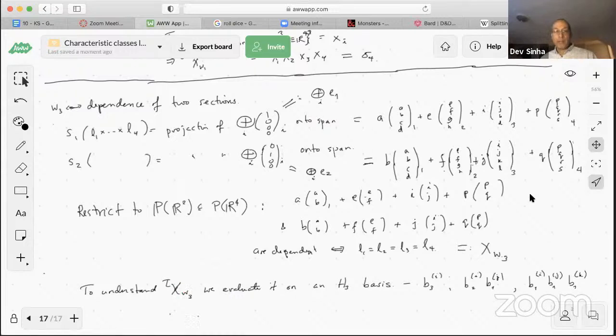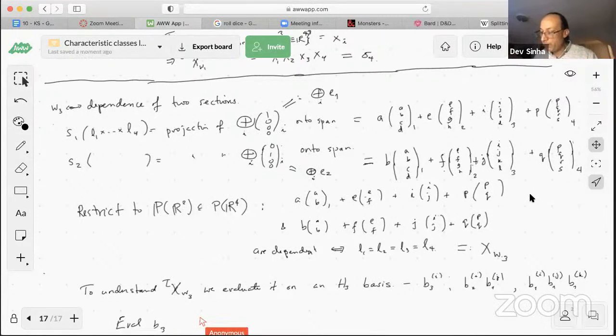We can evaluate on an H3 basis. So again, here's where we should perhaps stick to RP3 instead of RP1s, because we have the B3 on the ith factor. But what does this mean? So how would we evaluate? So it's B3 on the ith factor, but let's call it B3 on the first factor.